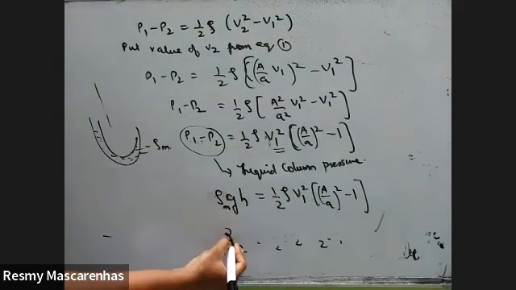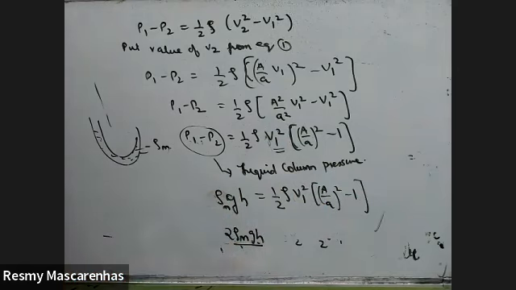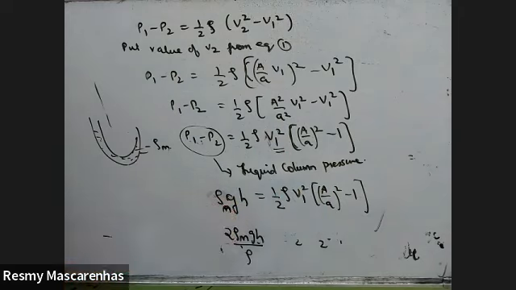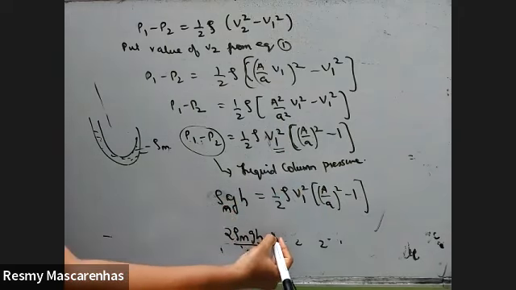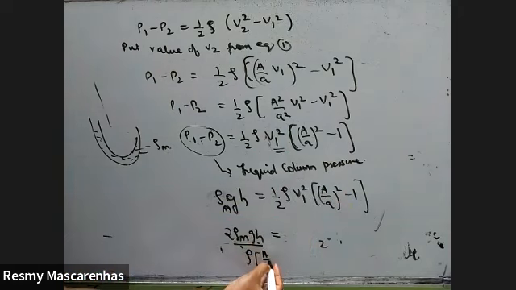2 will go up upon density. This rho and this rho can't be the same, so I've just used the letter m. And this whole thing also will come down, A upon a, the whole square minus 1.